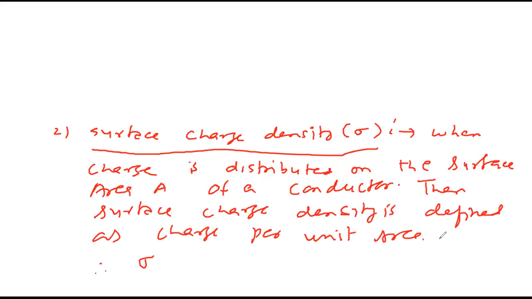Therefore, sigma equals charge upon area. Its SI unit is coulomb upon meter square.